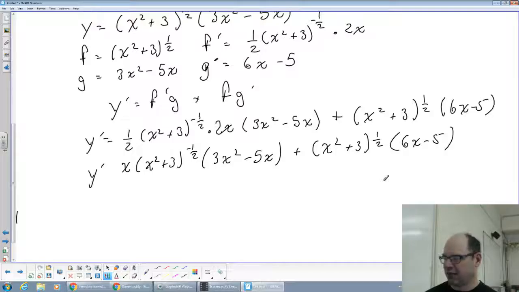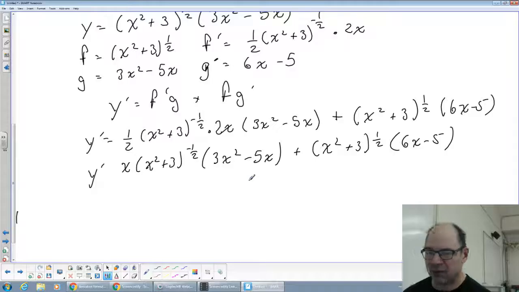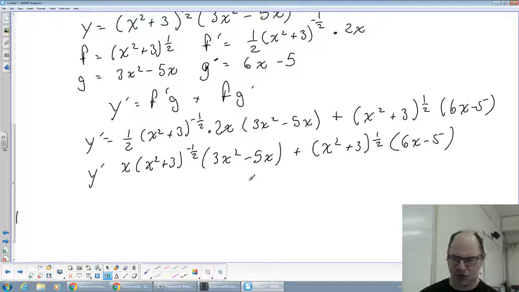That looks nice and neat. Okay, we'll leave it like that. Of course, you could take common factors out if we wanted to, but there's no need for it in terms of what we're going to do here in grade 12. So that's a combination rule, finally, the combination with a chain and a product.